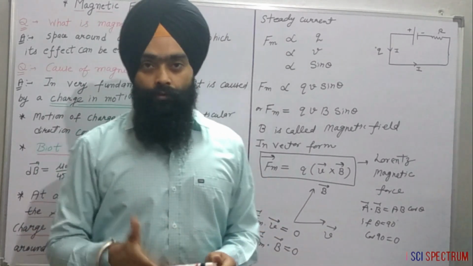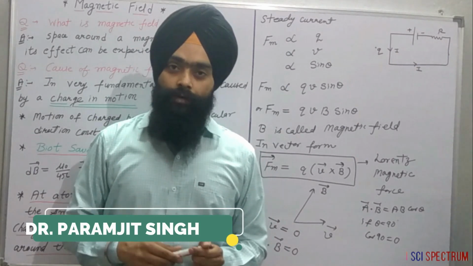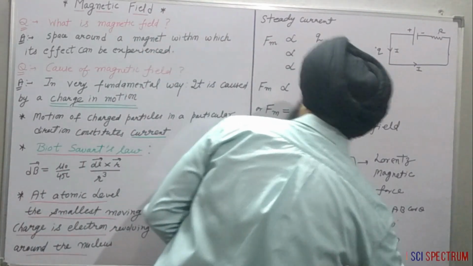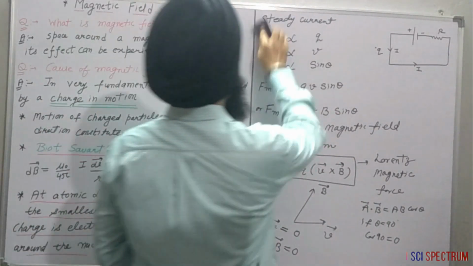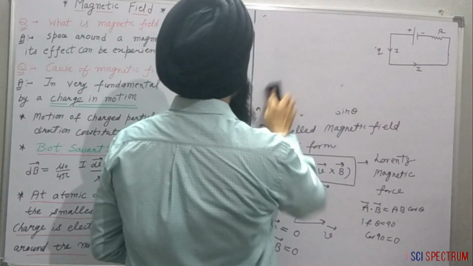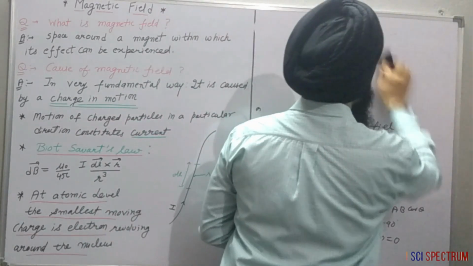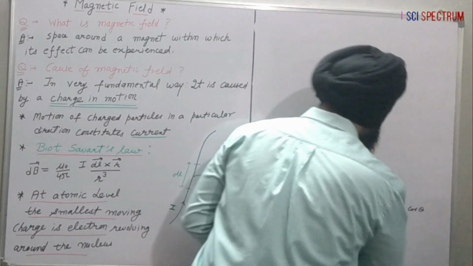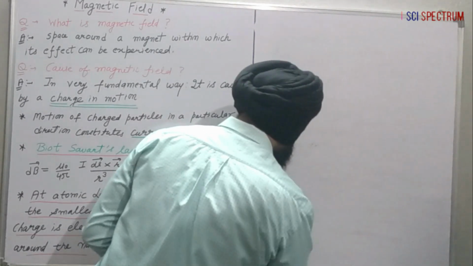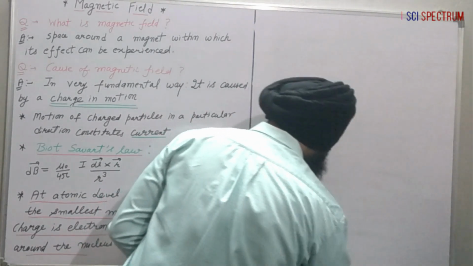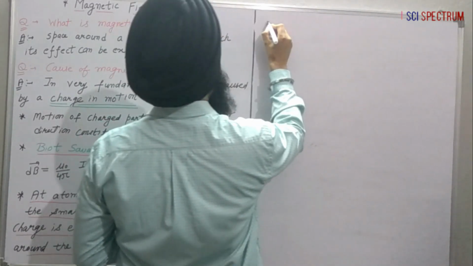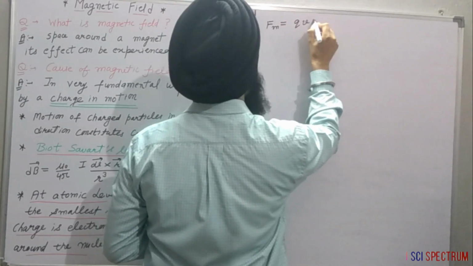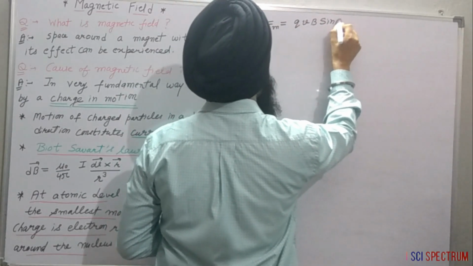Now we can find the SI unit of the magnetic field. Here we have the magnitude form of the magnetic force.